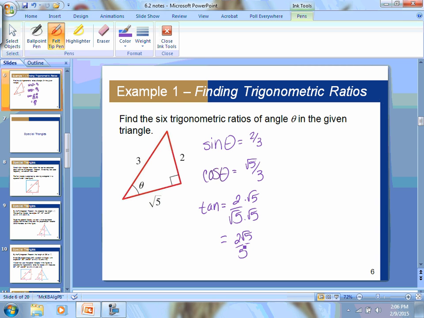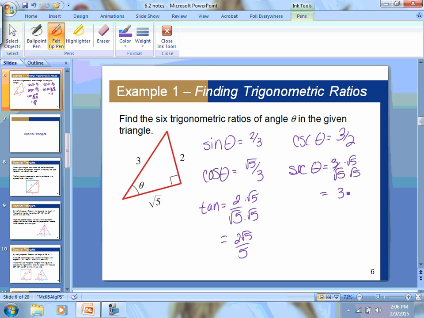And then to find the inverse trig functions, you basically just take the reciprocal of all of these ratios here. So we have the cosecant will be 3 over 2. The secant is going to be 3 over the square root of 5. But again, we can't leave the square root of 5 in the denominator, so we have to rationalize it.